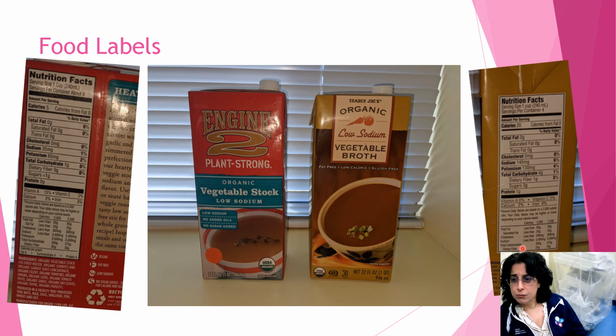Now, where you might want to start to think about which one to use: if something that you were going to make required all 4 servings of this, then maybe you don't want to use the one with the 140 milligrams. Maybe you want to use the one with the 35. But if you're going to just have 1 serving of this, then yeah, go ahead and have that one. So you can start to tease it out as you get used to reading the food labels a little bit more.